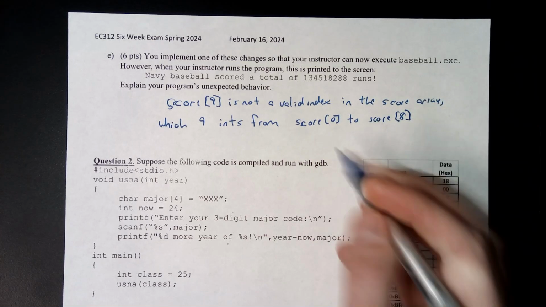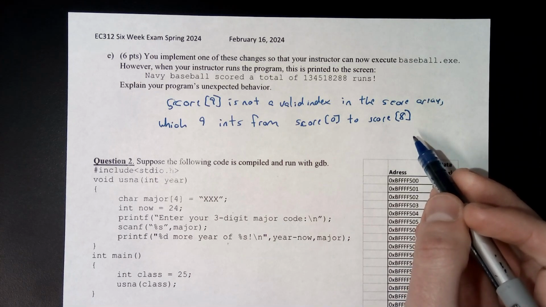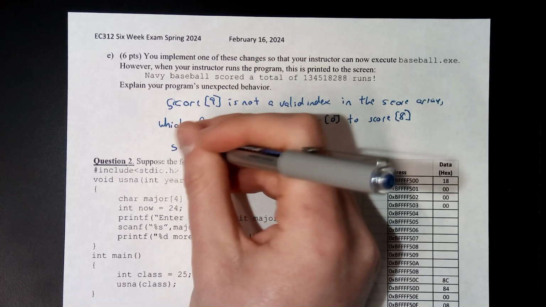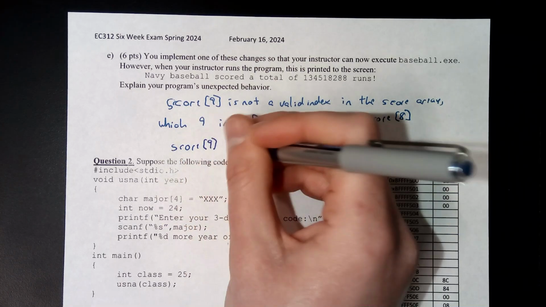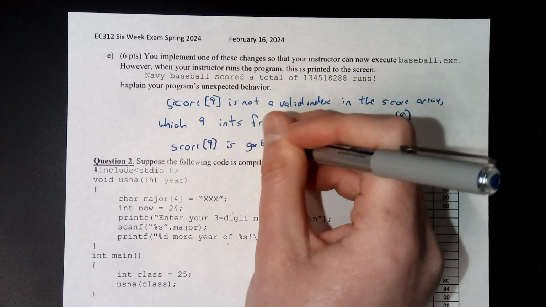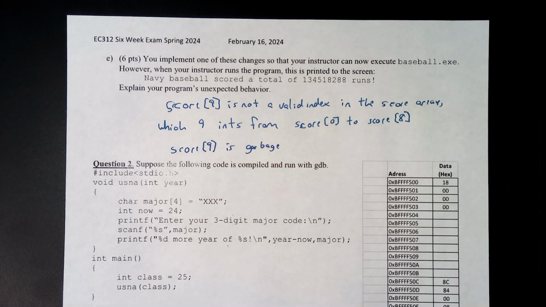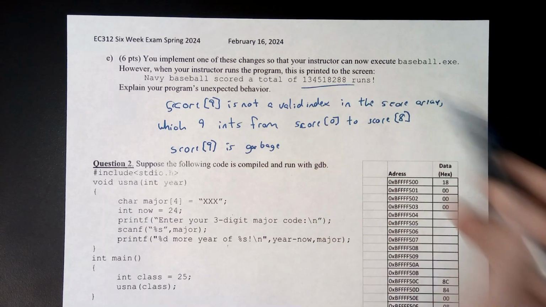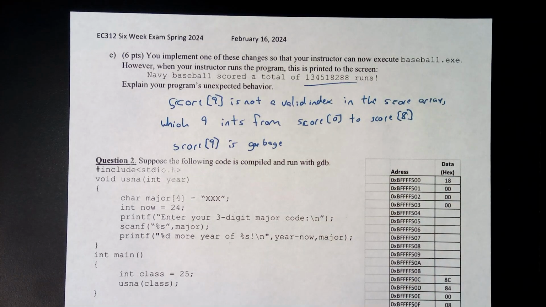So those are the valid indexes in that array. So score 9 is garbage. So when we print that to the screen, we see some random number that's in memory, and it doesn't make any sense. Hence the 1, 3, 4, etc. runs that get printed. That's it for question 1.